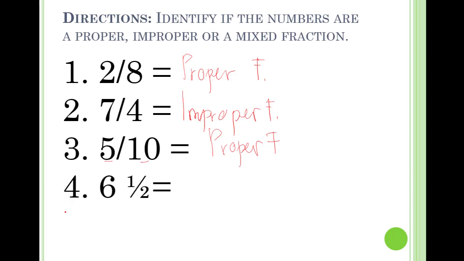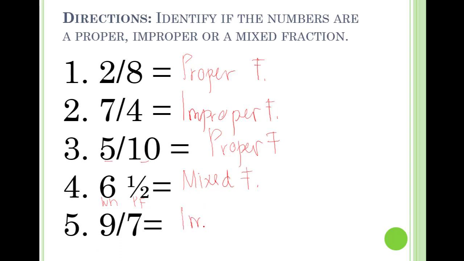Next, 6 and 1 over 2. Yes, that is what we call now mixed fraction, because it consists of a whole number and a proper fraction. Yes, we call it improper fractions.